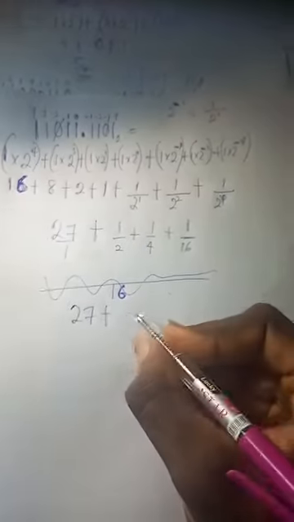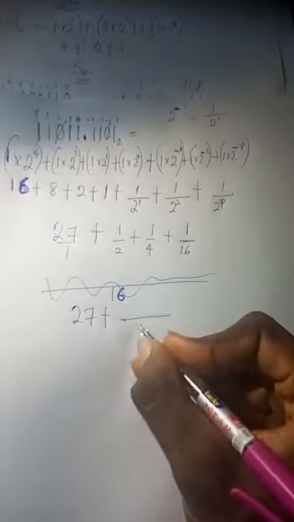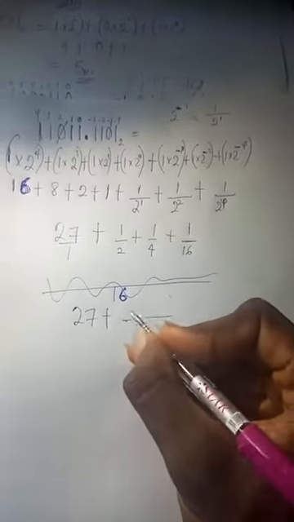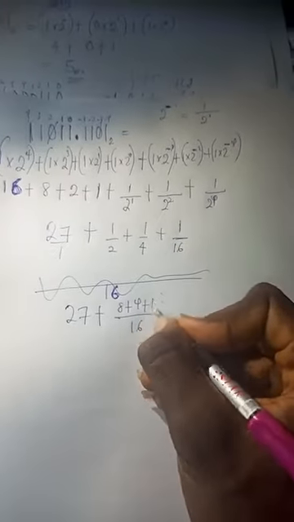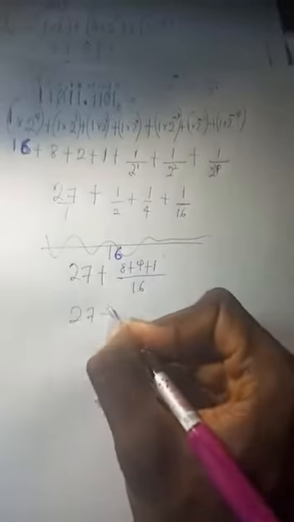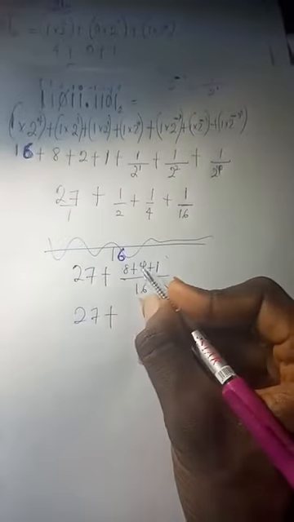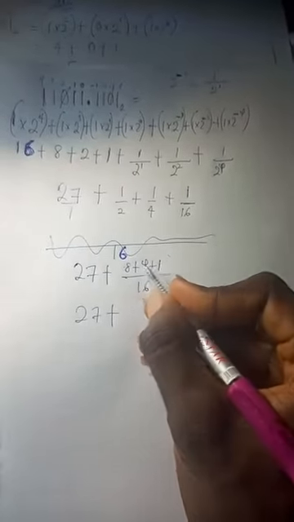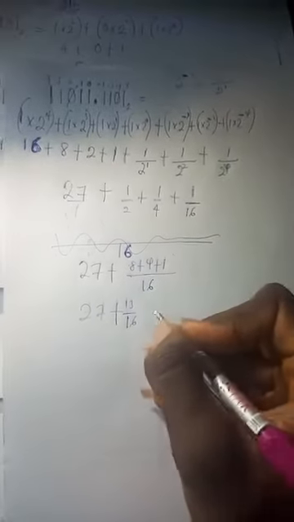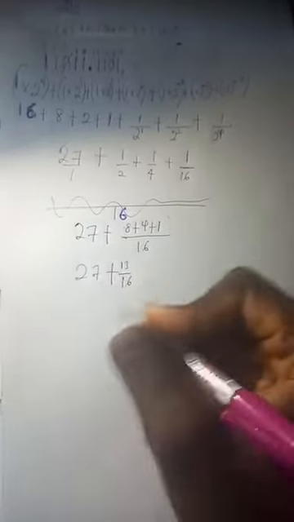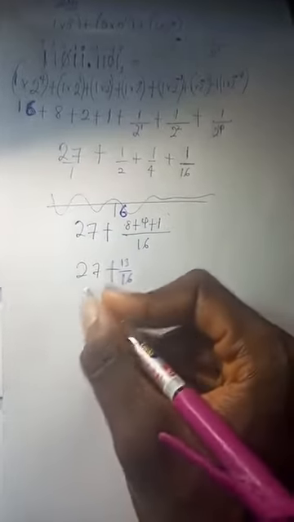Just try to do this. This one will give us what? 16 over 2 is 8. We should know how to do that. This is 4 and this is 1. So that's 27 plus 8 plus 4 plus 1. 8 plus 4 is 12 plus 1, that is 13 over 16. I'm very sure that by the time you sum this up, this is very straightforward.